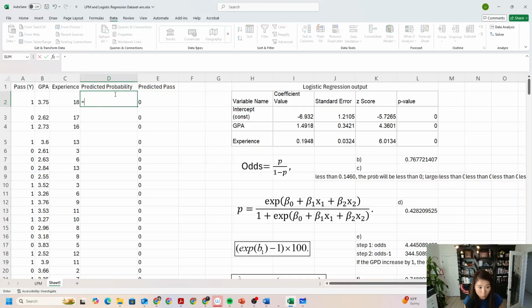In order to predict the probability, we need to leverage what we did in question number D. This is the formula we're going to use to predict every scenario: what is the probability for that candidate to pass?